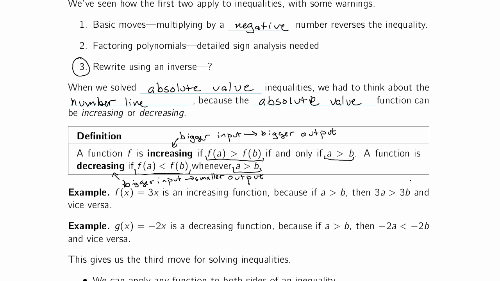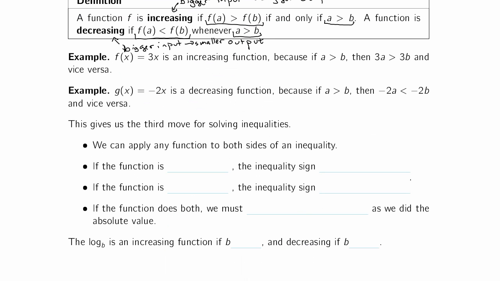And that's what we need to have in mind when we're applying an inverse to both sides of an inequality in order to solve. We can apply any function we like to both sides of an inequality. If the function is increasing, the inequality sign stays the same.